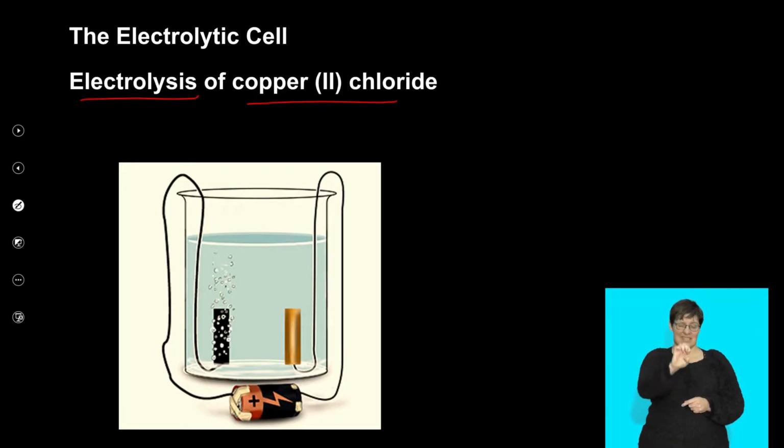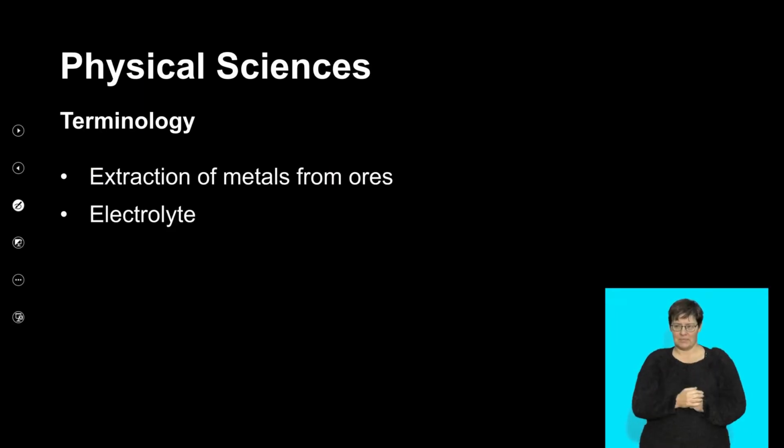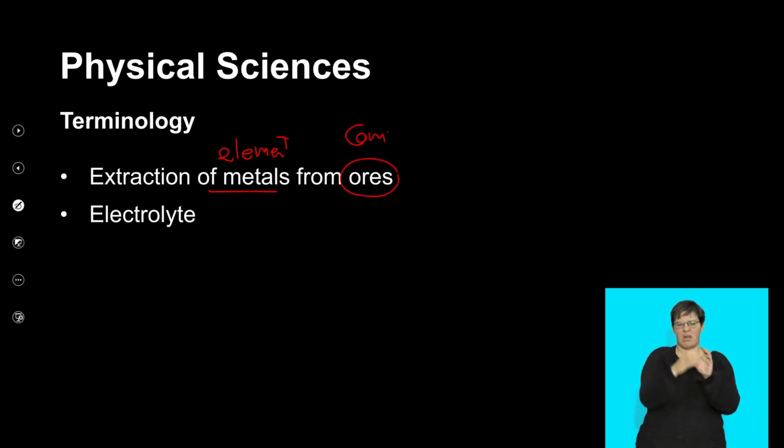Let's just go and have a look at exactly what's happening here. So we're looking at the extraction of metals, that's the element, from the ore, which is usually a compound. Now, I've mentioned the word electrolyte, which is usually a solution. But in this case, we don't use a solution, we use a pure liquid.